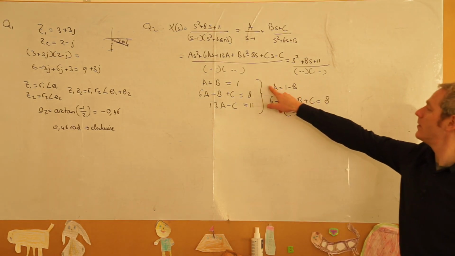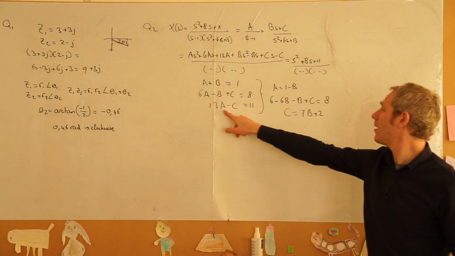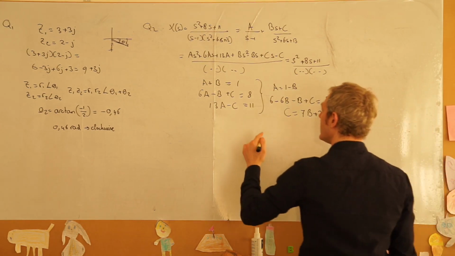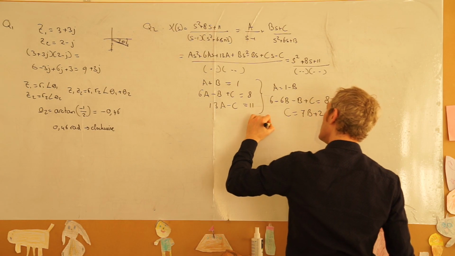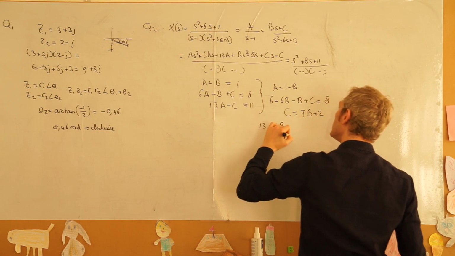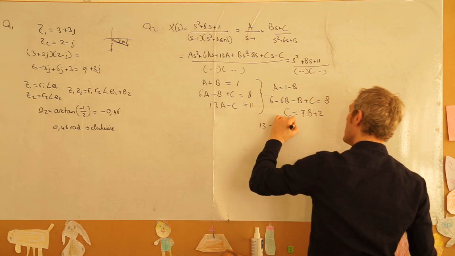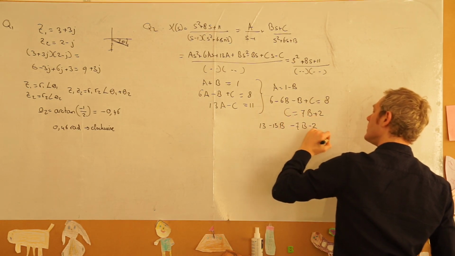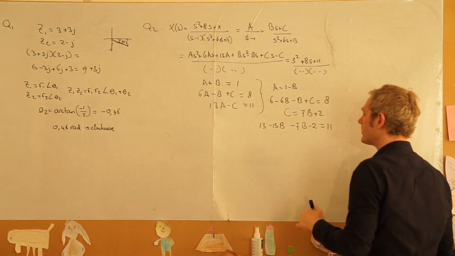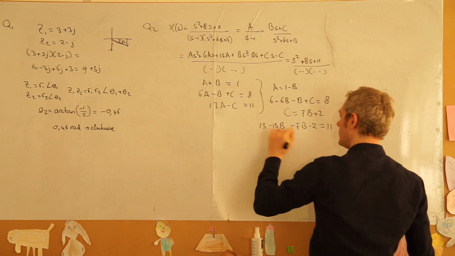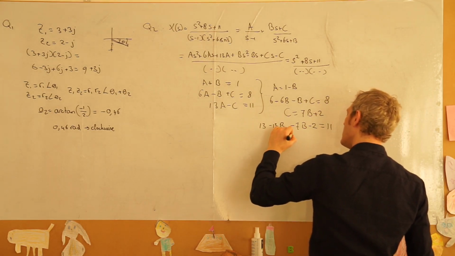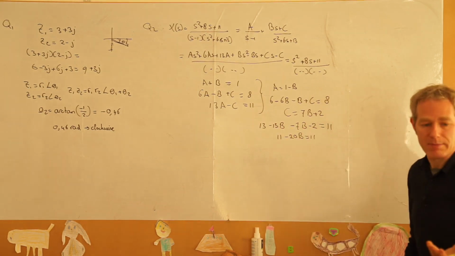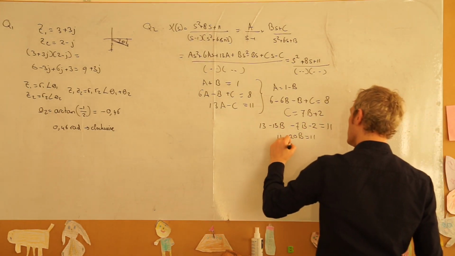Now, this formula for A, I'll put in there, and this formula for C, I'll put in there, and I will get 13 minus 13B minus C, so minus 7B minus 2 is equal to 11. Now, if I clean this up a bit, I get 11 minus 20B is equal to 11, and that can only happen if B is equal to 0.